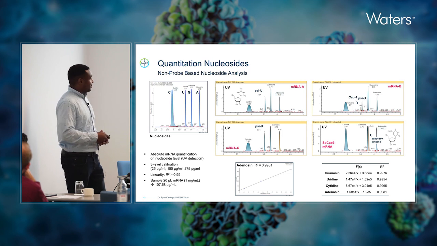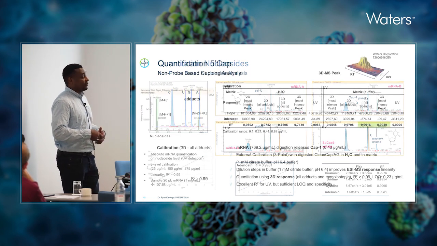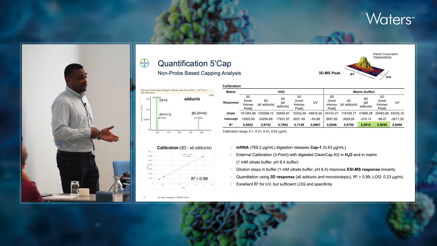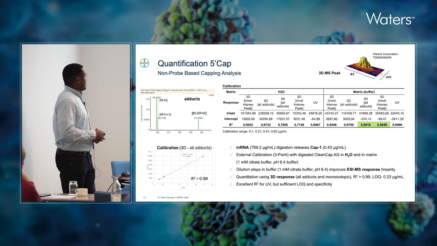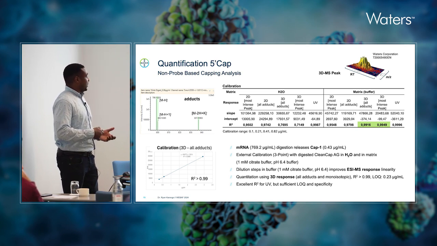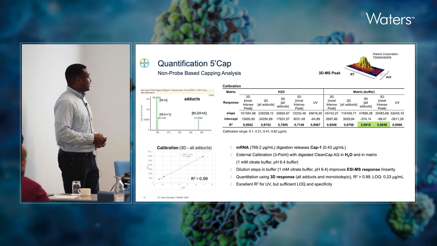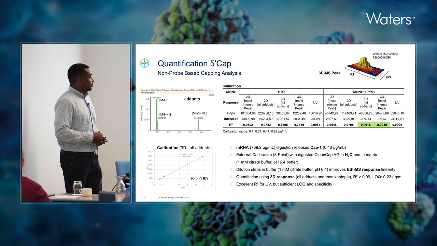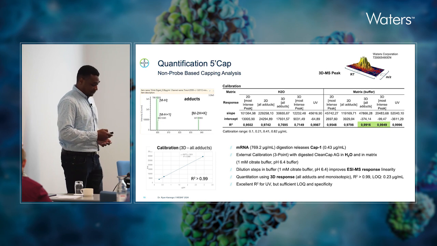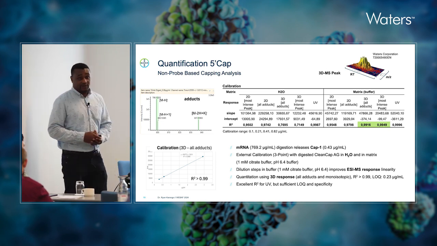But of course, the real sample requires higher sensitivity, so we also direct the flow into the mass spec. The mass spec allows us to extract the mass for the clean cap or for the cap1 structure, which is expected. And so the next step would be to see how much of cap we are able to quantify.